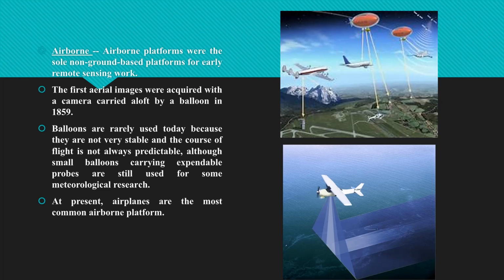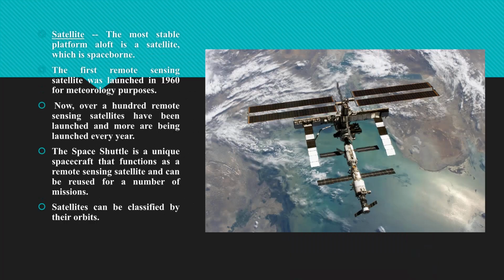So now, after discussing airborne platforms, let's move on to spaceborne platforms. Satellites are the most suitable example of space-based platforms, as spaceborne describes itself: those platforms which are based in space. So satellites are those devices which are stationed at a particular orbit above the Earth's surface.